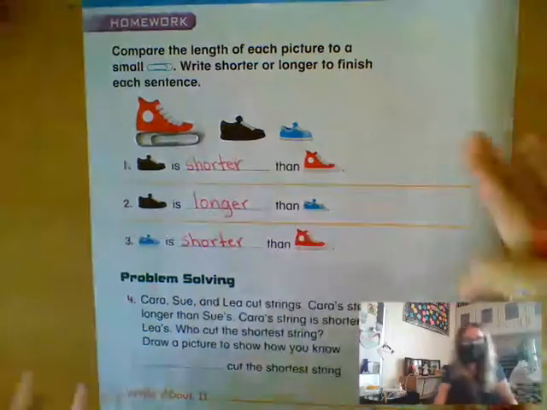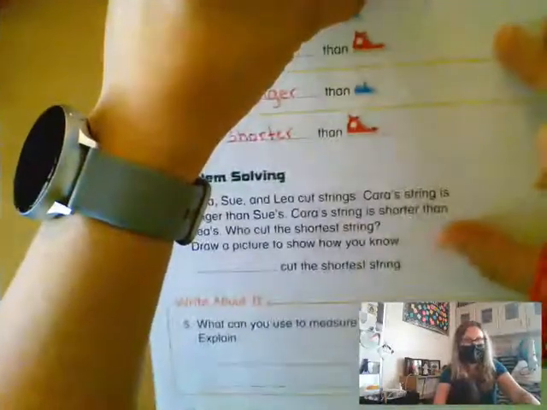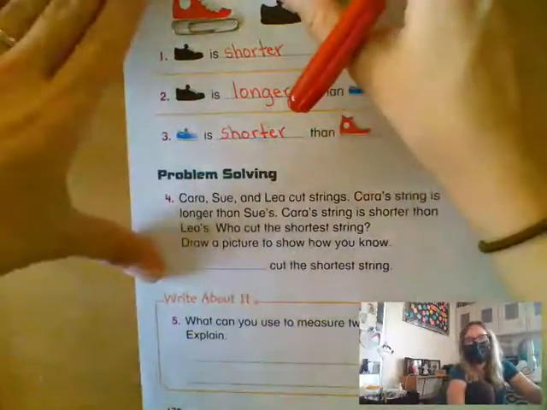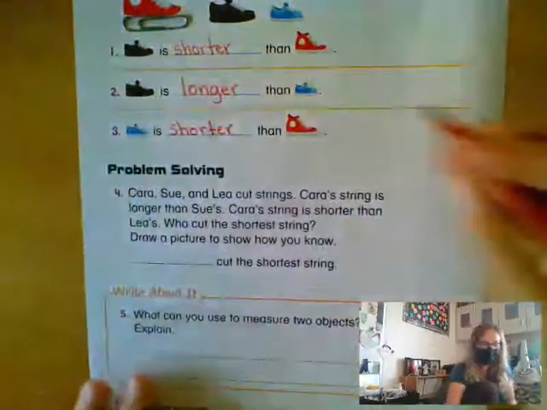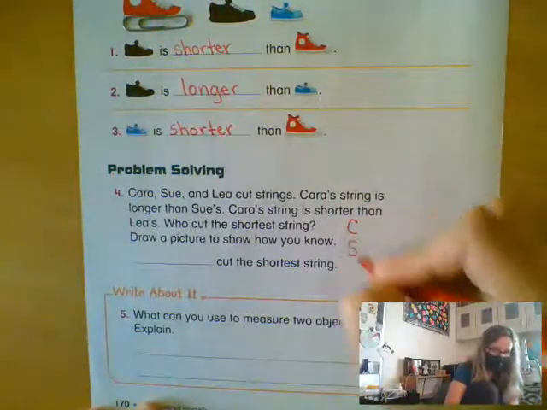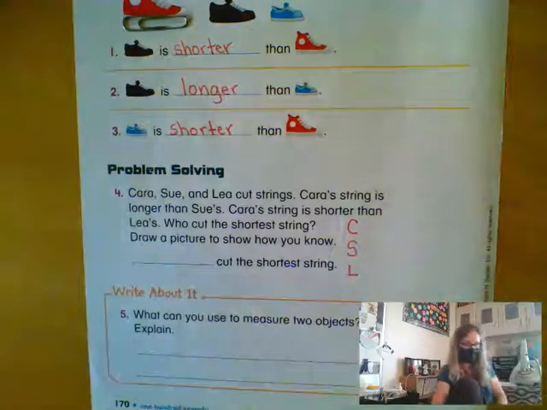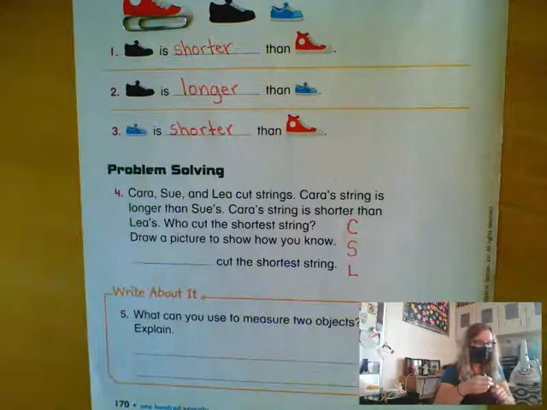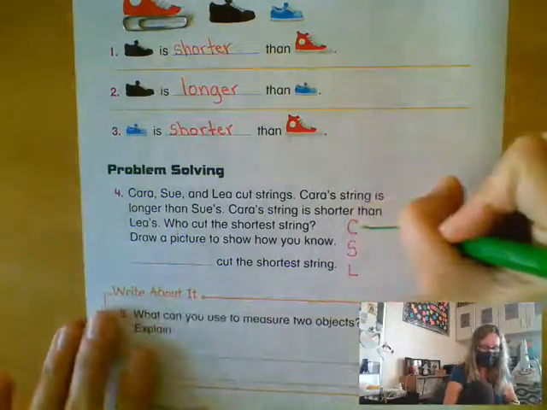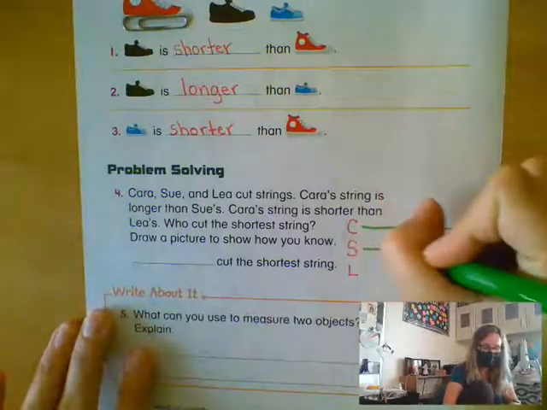All right, let's look at the problem solving. It says Kara, Sue, and Lee cut strings. So I'm going to put a C for Kara, an S for Sue, and an L for Lee. It says Kara's string is longer than Sue's. So here's Kara's string, and it's longer than Sue's.